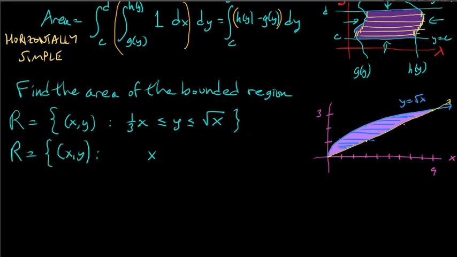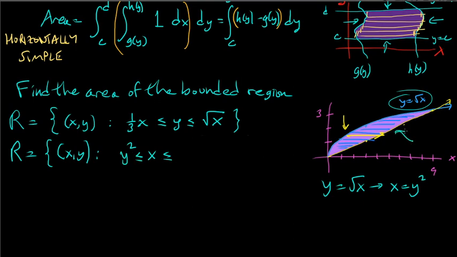What is x doing? X is going left to right. So we're starting on this curve, which is y equals square root of x. But notice you can't do square root of x is less than or equal to x. So if we rewrite this curve, y equals square root of x, and solve for x, we get x equals y squared.